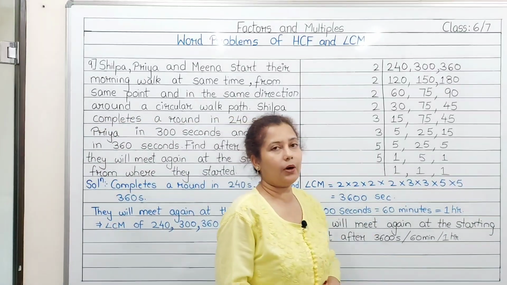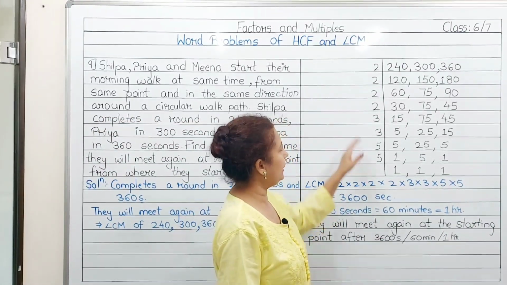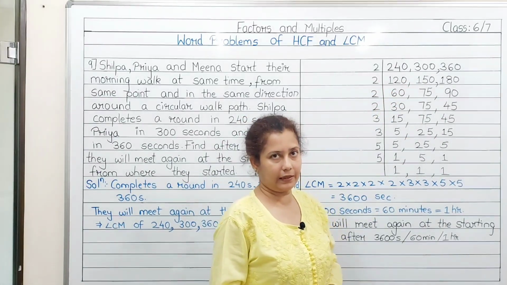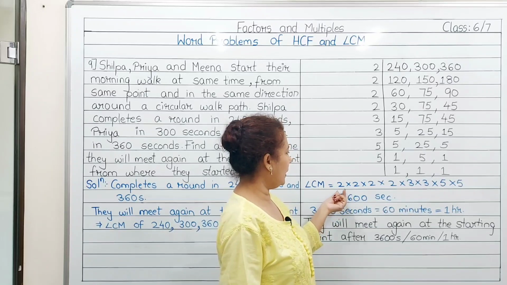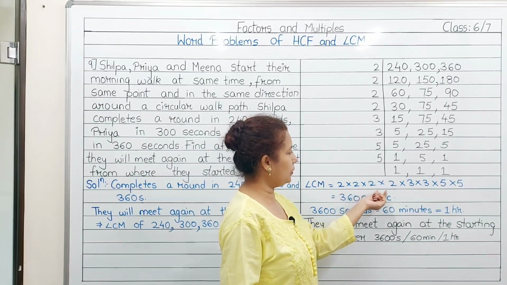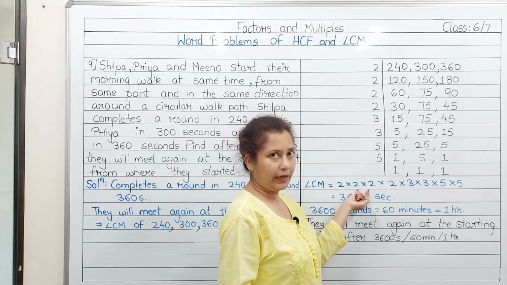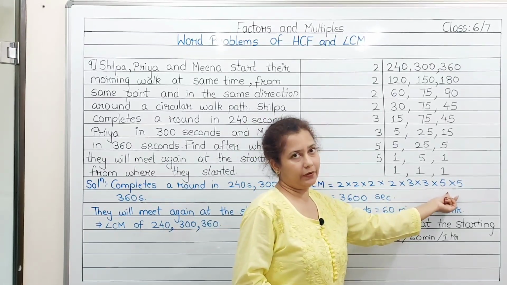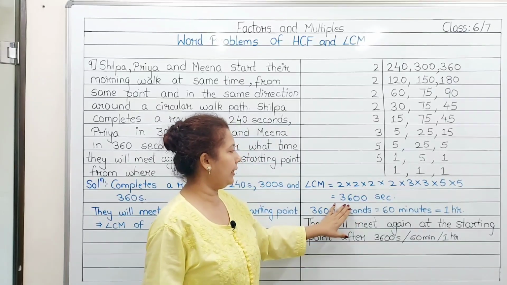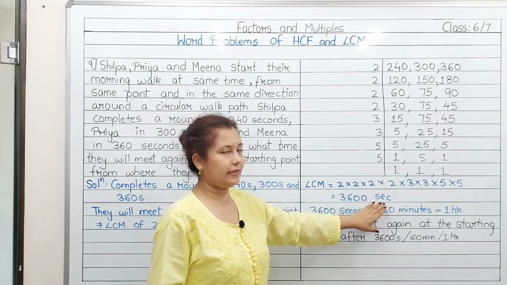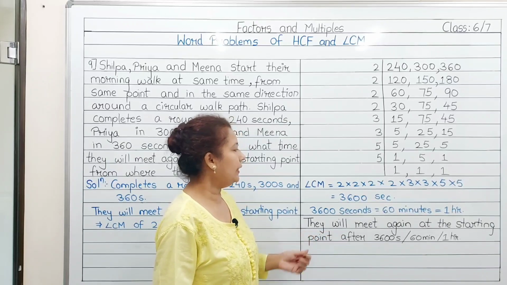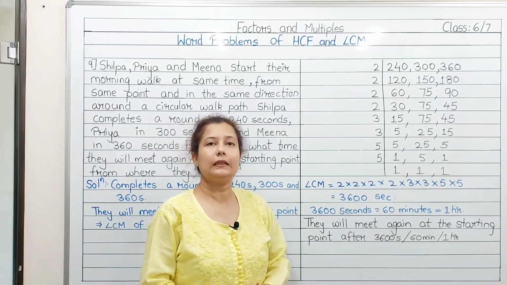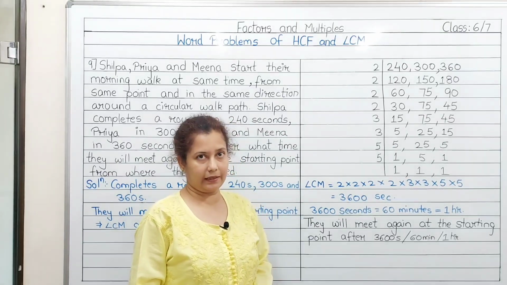Again, I have used the common division method to find the LCM of 240, 300 and 360. The factors we got are 2 into 2 into 2 into 2, that is 4 times 2, 2 times 3 and 2 times 5. When we multiply this, we get 3600 seconds. So we can say that they will meet again at the starting point after 3600 seconds.